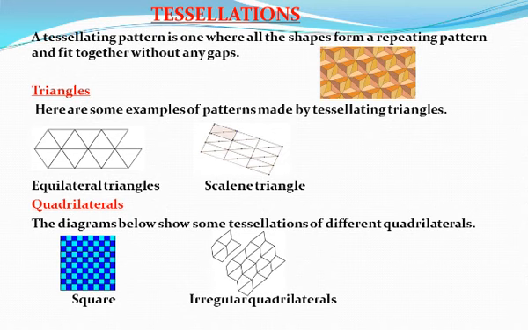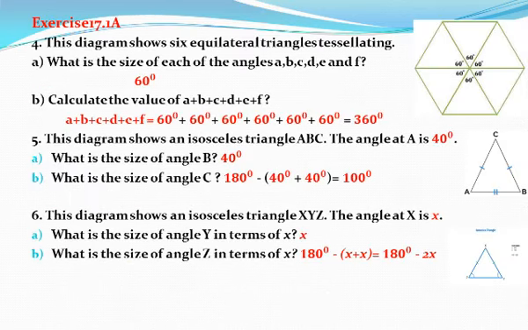We have to solve some problems in exercise 17.1a. This is exercise 17.1a in the student book, page number 160. I am going to leave questions 1, 2 and 3 because these three questions are activities. So start from question 4.